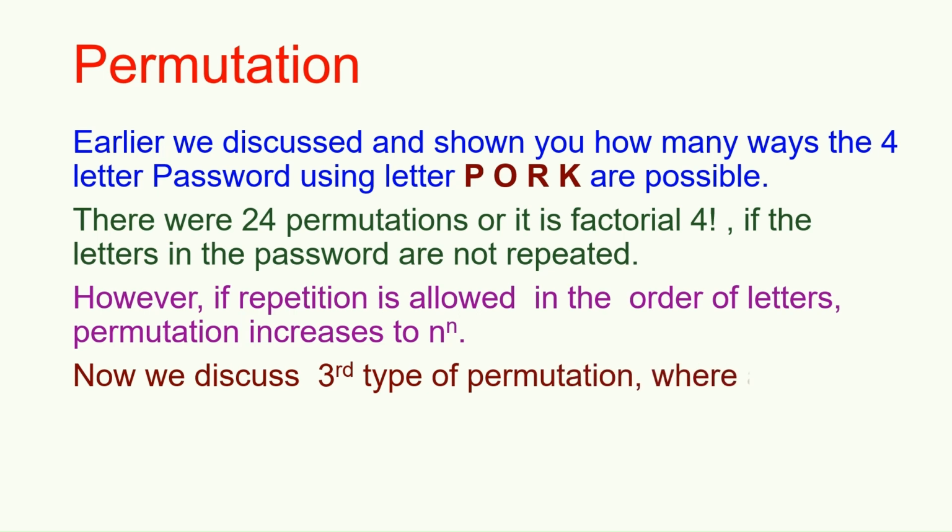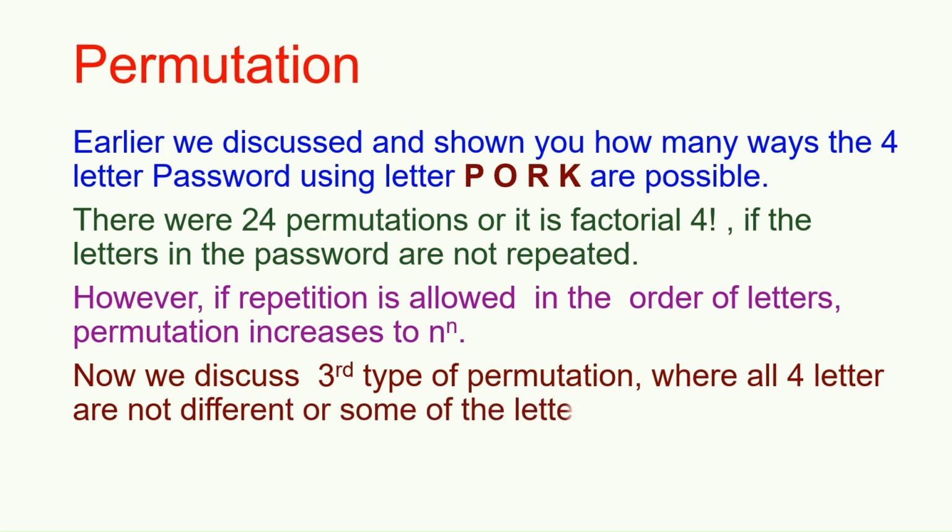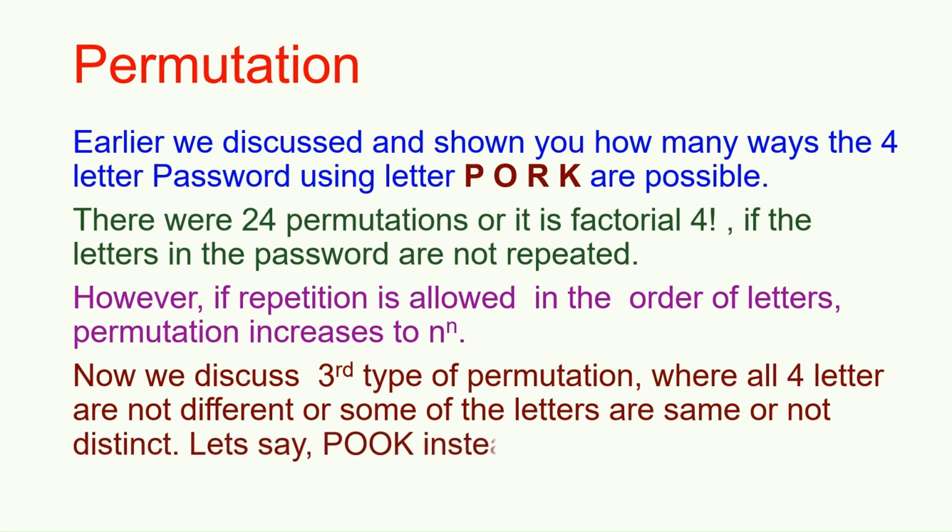Now we discuss the third type of permutation, where all 4 letters are not different, or some of the letters are the same or not distinct. Let's say POOK instead of PORK.